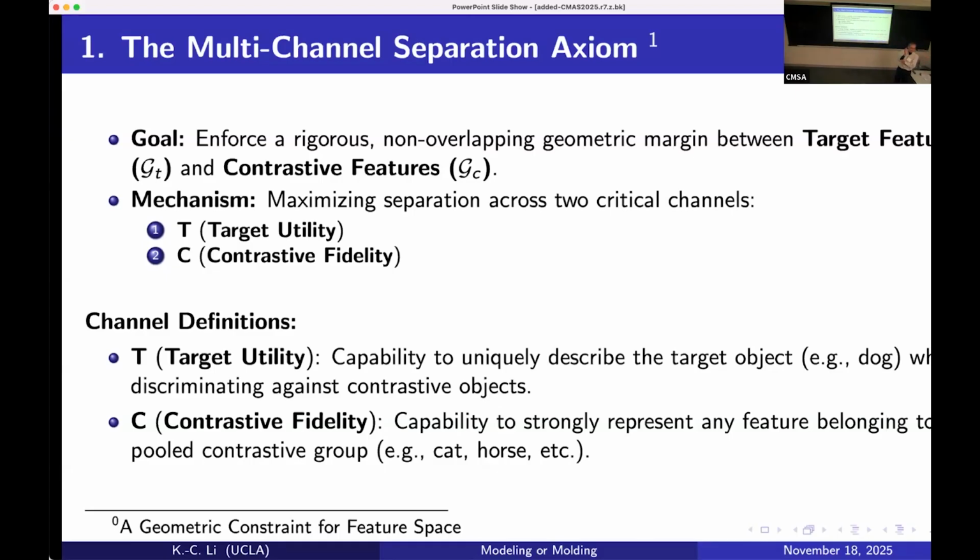This counter feature, we call the contrast fidelity, tries to capture a combined feature from all other non-target classes. All right, so it's kind of a dual game.